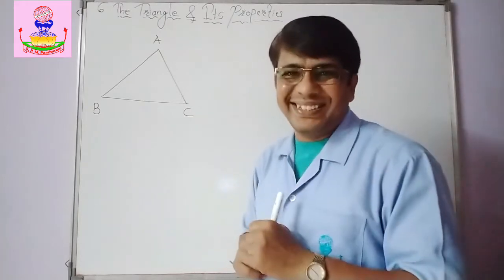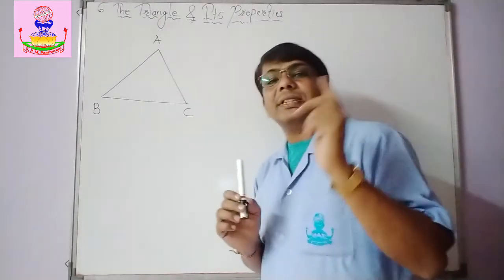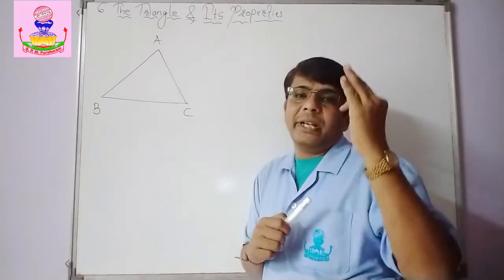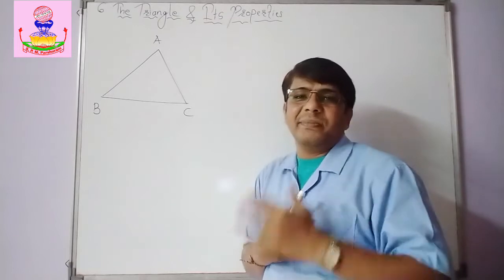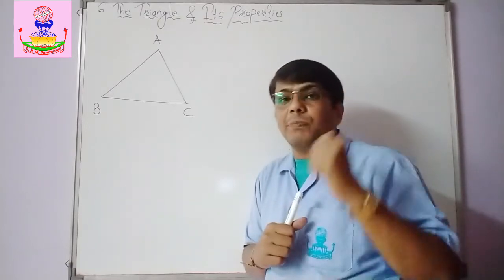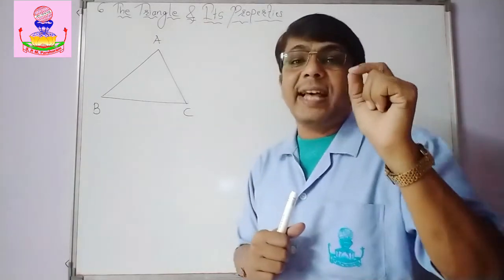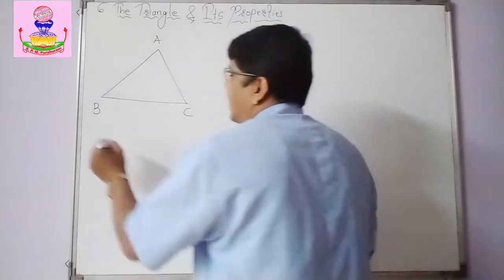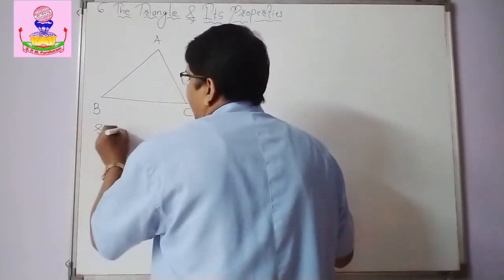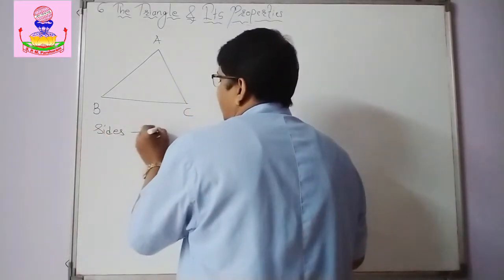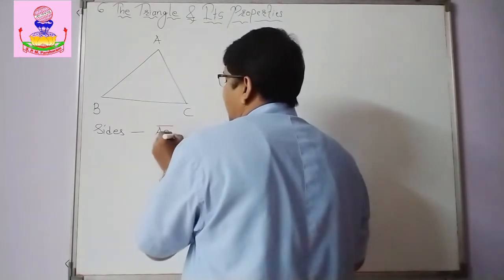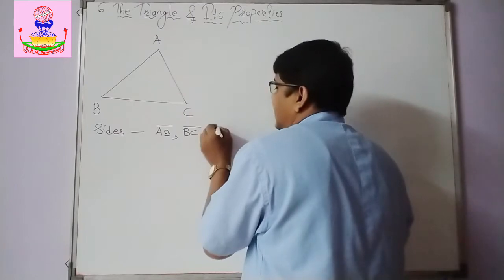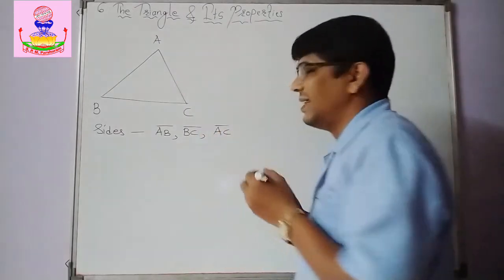Then names of the angles. You should always have that habit of writing the names of the angles in 3 letters. Don't write single letter names. That will help you. The vertex, where the angle is formed, should always be in the middle. So sides, as I have said, segment AB, segment BC and segment AC.